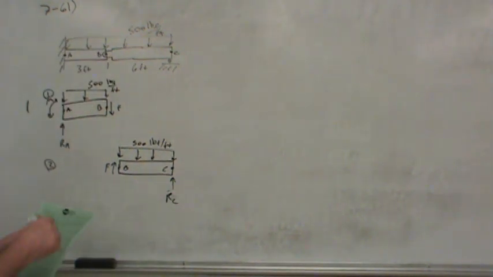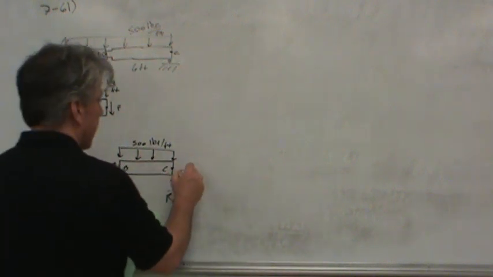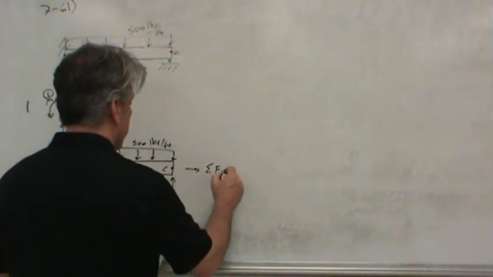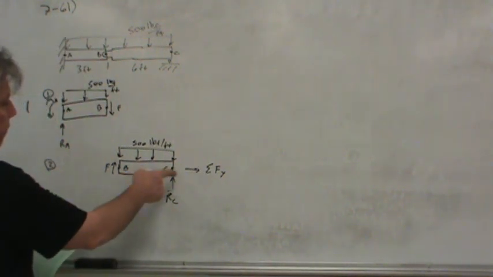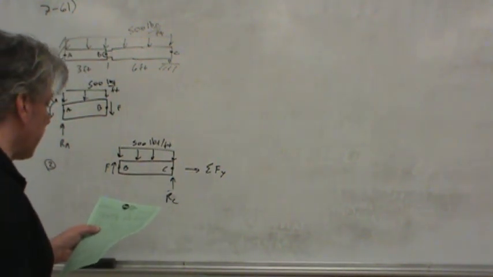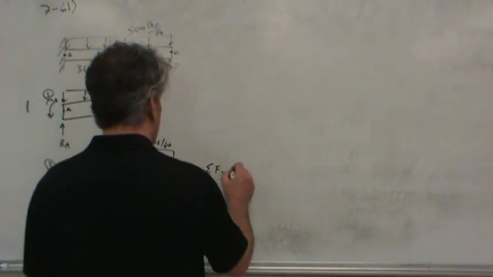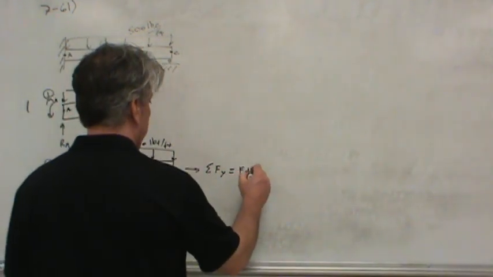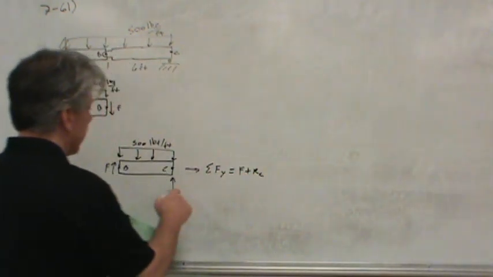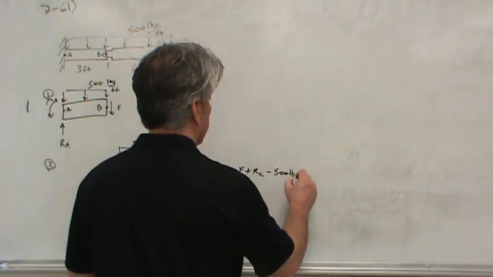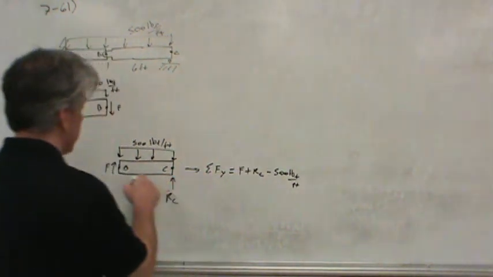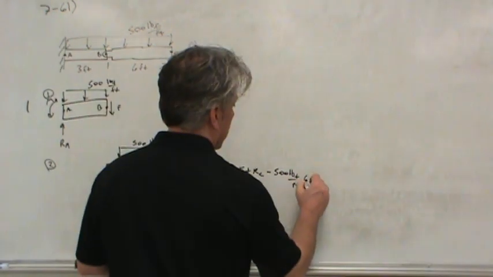So what I'm going to do is, first of all, sum forces in the Y direction for the sake of figuring out what's going on with segment 2. So what do we have? Well, we have F acting up and RC acting upward, and then minus 500 pounds per foot times a total span of 6 feet.